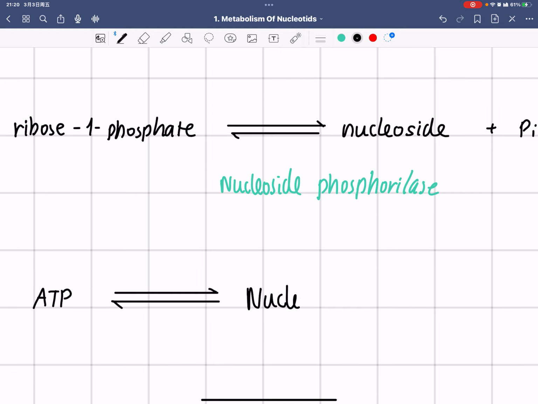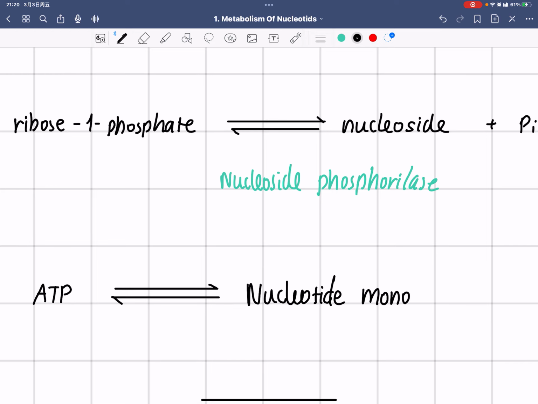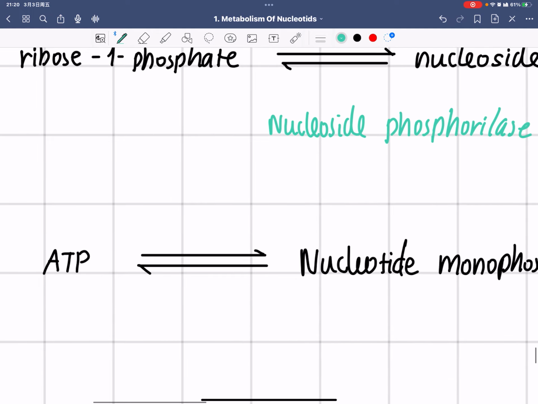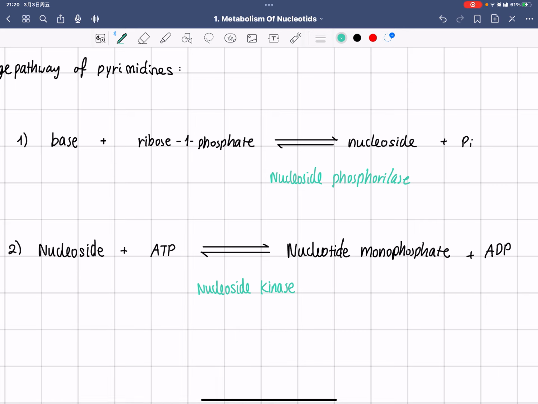Your nucleotide, nucleotide monophosphate, and ADP for sure. And what's the enzyme called? Nucleoside kinase. Of course, it gives a phosphate group.